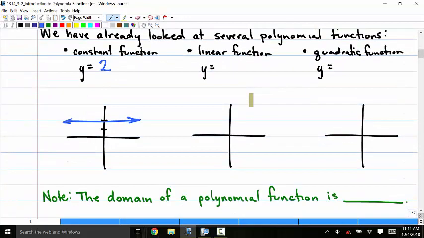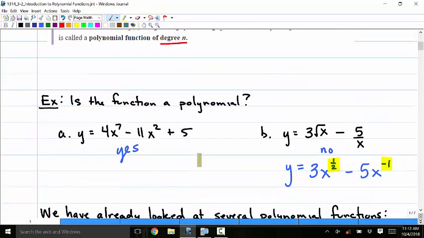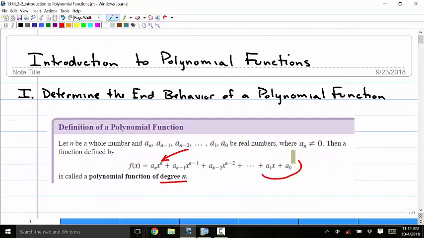We looked at the linear function, y equals mx plus b. And depending on where your b is and if your slope was positive, negative, or 0, that's a polynomial function. Why? Go back and look at your definition. This time we just have this piece, and all of these coefficients are 0.